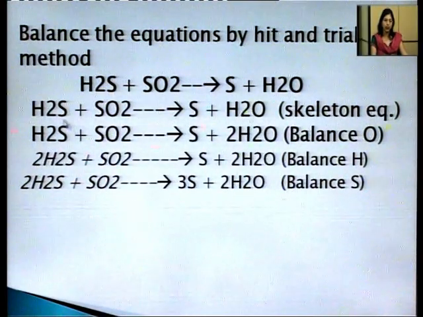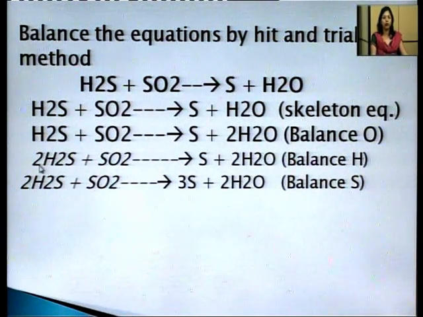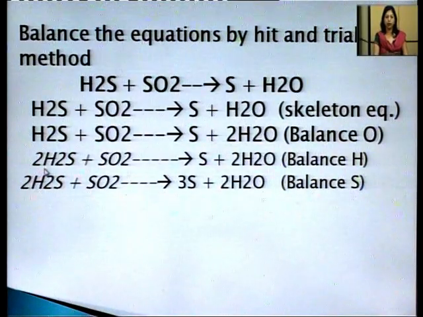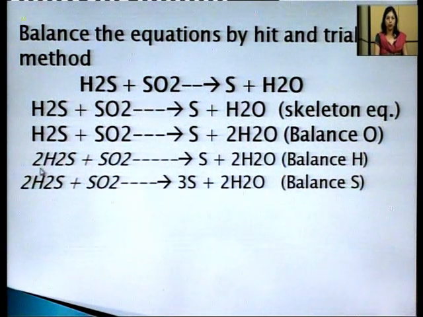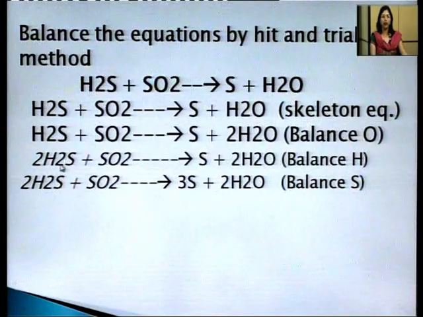Again multiply H2S by 2 so as to make the number of hydrogen atoms the same on both sides. So after multiplying H2S by 2, the number of hydrogen atoms has become 4 on each side. That means now oxygen as well as hydrogen has been balanced.